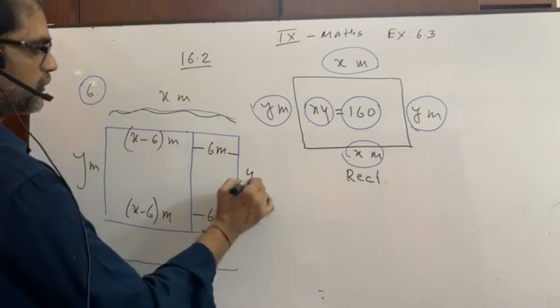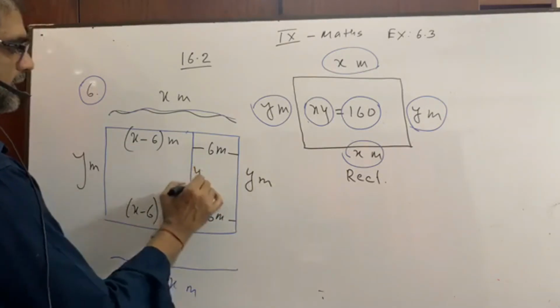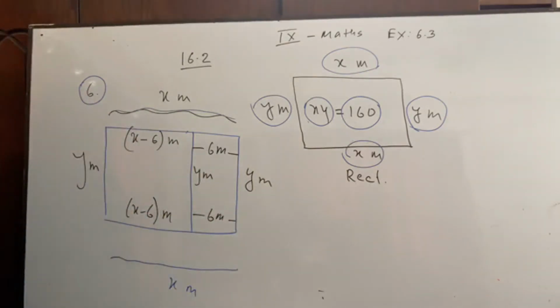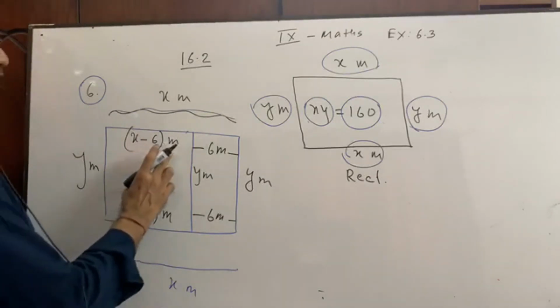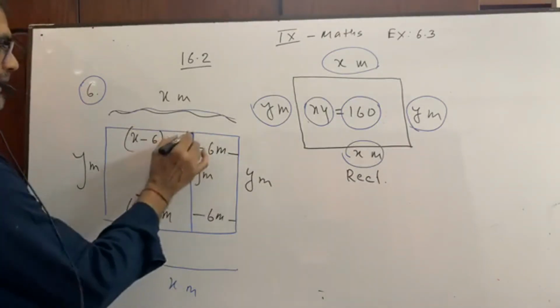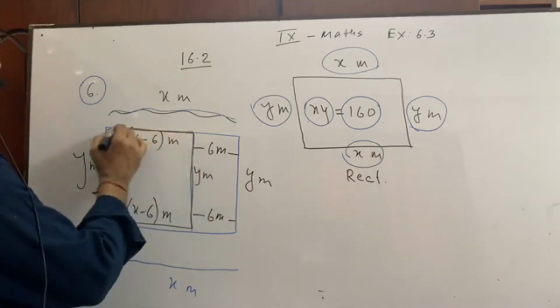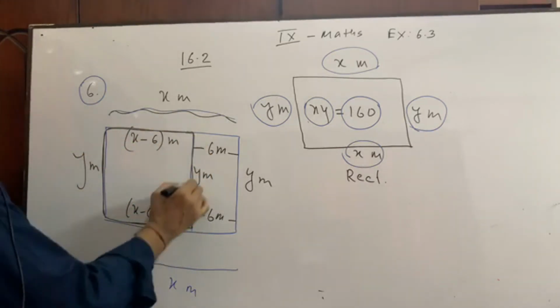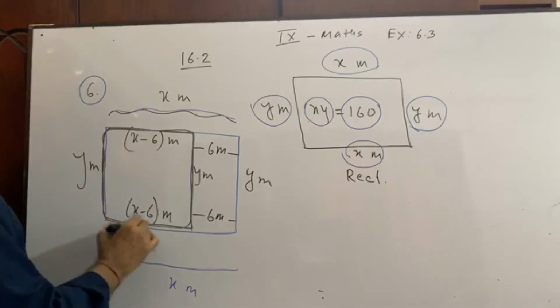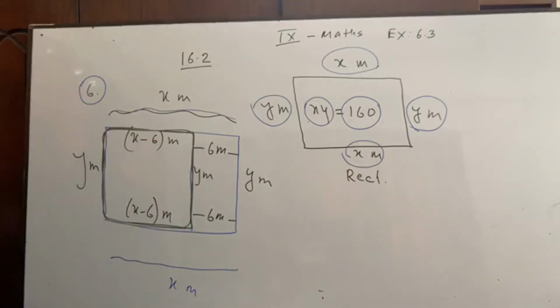So it is also y meter. That means it is told if the length is reduced by 6 meter, then we get a square region. You understand? It is a square region.